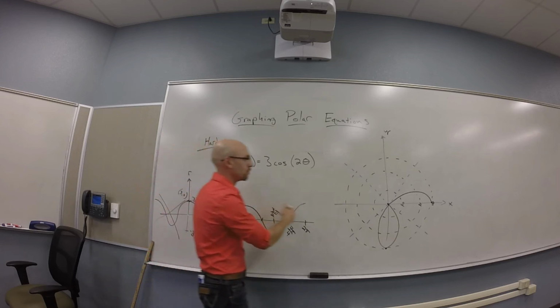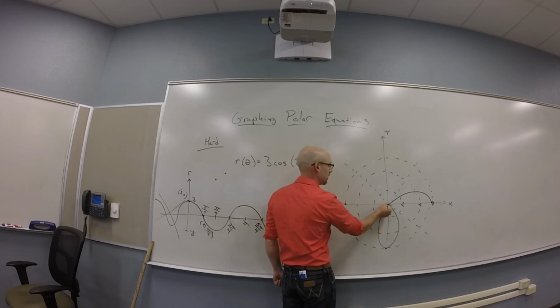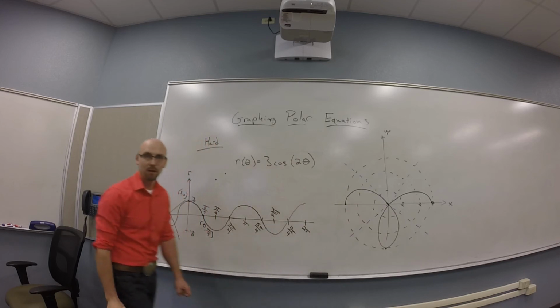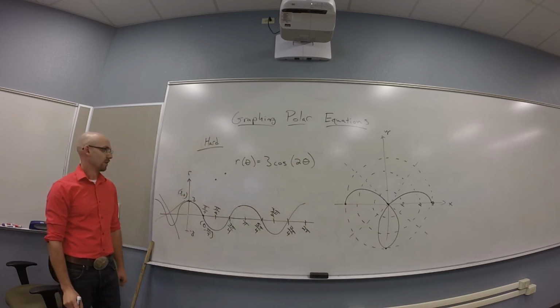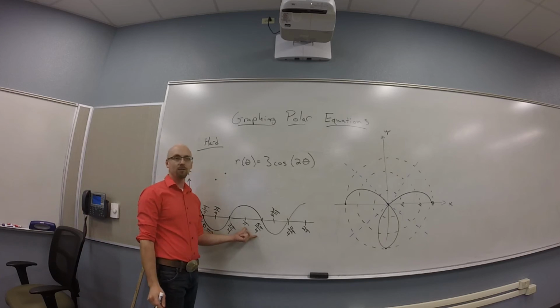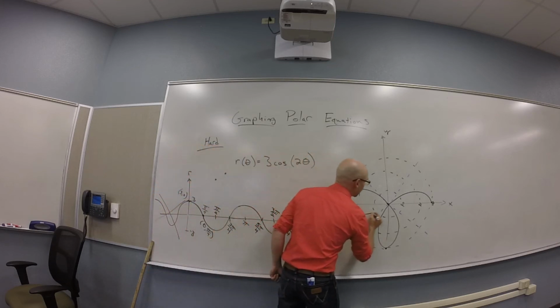So I'm going from 0 radius up to 3 radius. And I'm just doing that nice and smooth, looks like a petal. Then my next one's going to go from a radius of 3 down to a radius of 0 through the next set. You guys see that? So that's going to look like the other half of that petal.